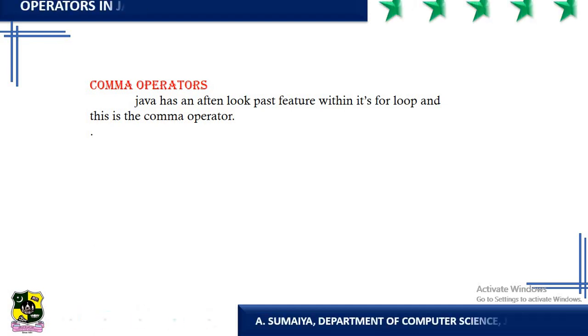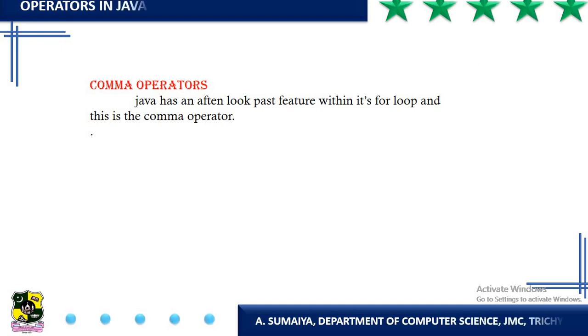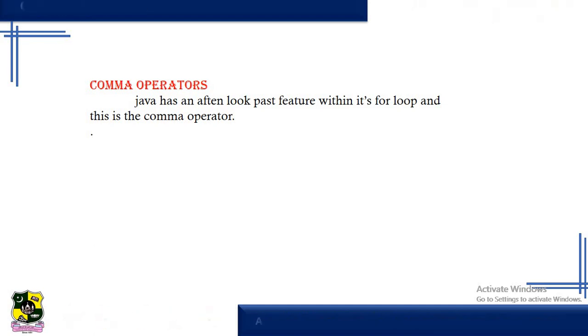Example, int x equal to 0, y equal to 1, z equal to 2, string s equal to quotation mark, x, y, z. Printing s means the result will be x, y, z. Okay. Thank you.